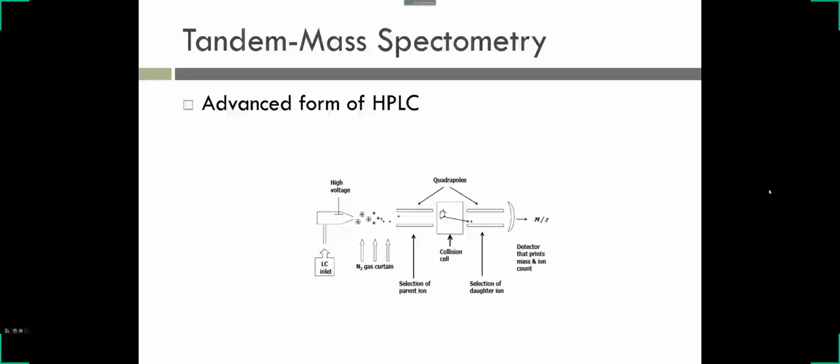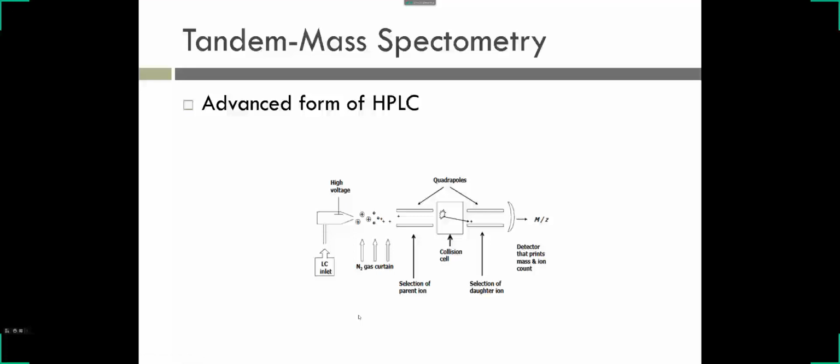So more advanced methods are used in some cases, including something called tandem mass spectrometry, coupled with advanced forms of HPLC. In this case, you have a liquid chromatography inlet, so that comes in from your column. You put a high voltage on the hormone, it drives it into an inert gas.